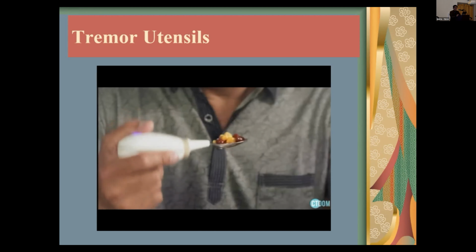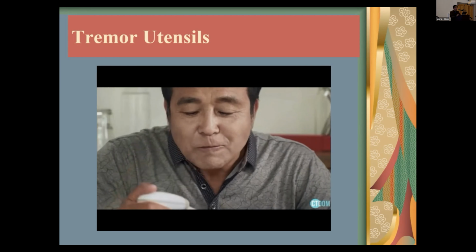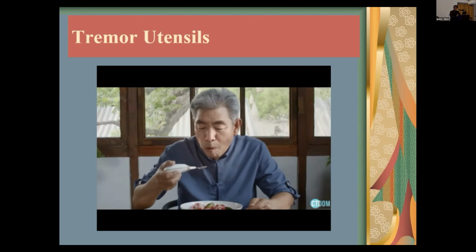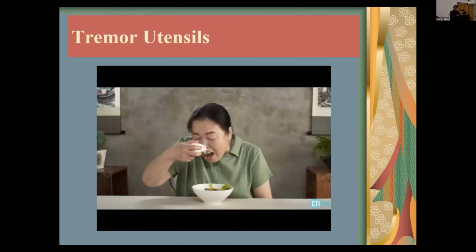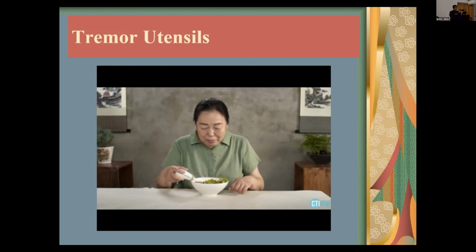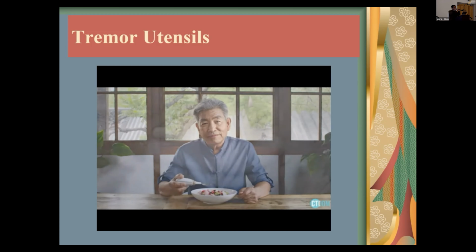It doesn't reduce the tremor, it just reduces the impact of the tremor. If you notice, the hand is still tremoring, but the distal part of that utensil, which is the spoon or the fork, shakes less. So it sends a counter force. If your hand is going up, it sends a counter force going down. And so the net effect is that the distal part of the utensil shakes less.